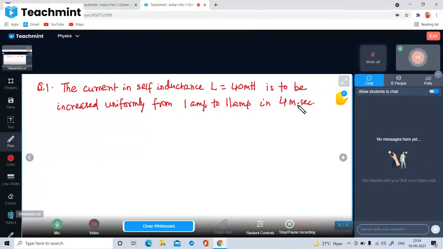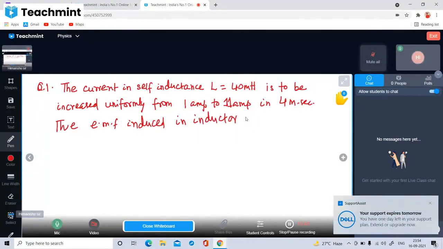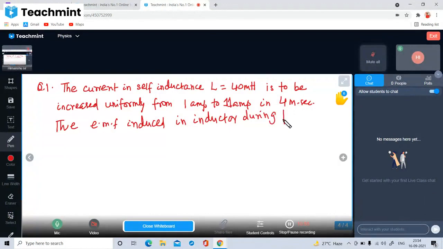The EMF induced in the inductor during the process is, options are there.